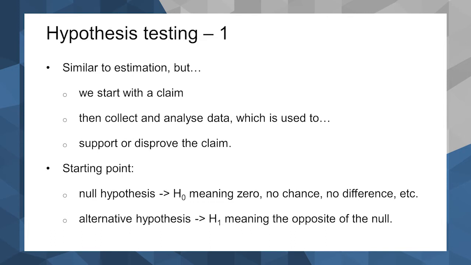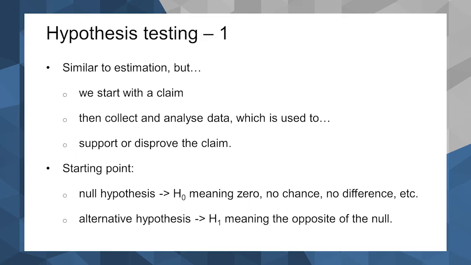The null hypothesis, as the name says, null means nothing, means zero, means no change, means no difference. So the null hypothesis is always either zero or the status quo or no difference, etc.